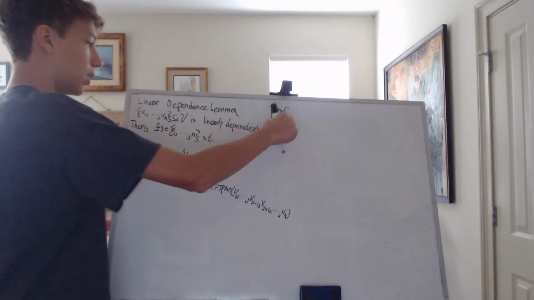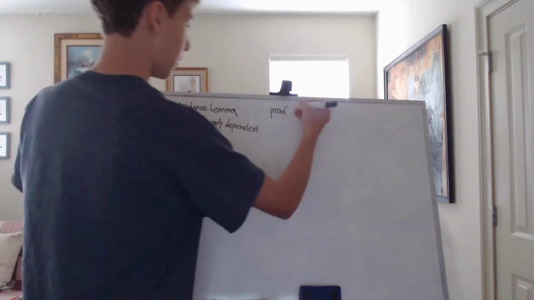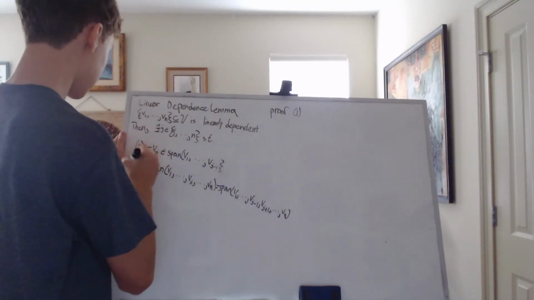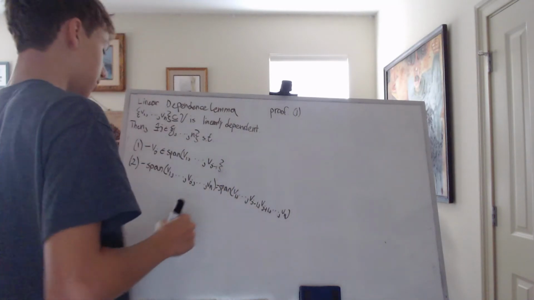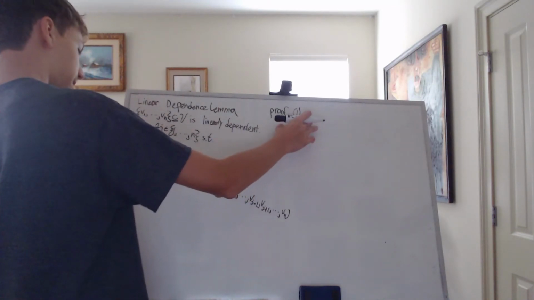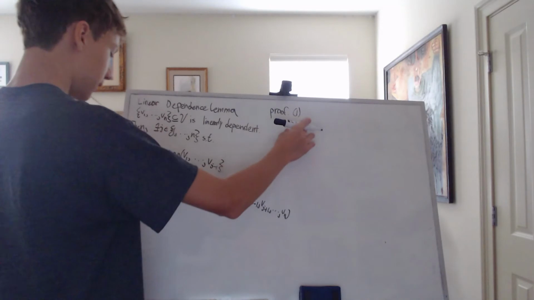Okay, so proof. First of all, let's prove the first thing, and then the second thing. First thing, well, it's analogous to the second direction in our first proof today.